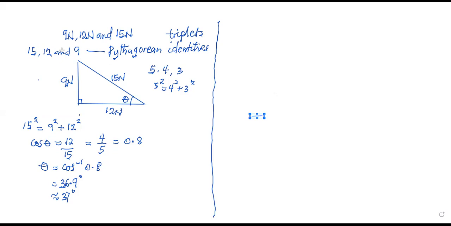Let me bring it up here. This is one of them. This is another. Then I want to resolve them in the shape of a parallelogram so that I can determine their resultant.